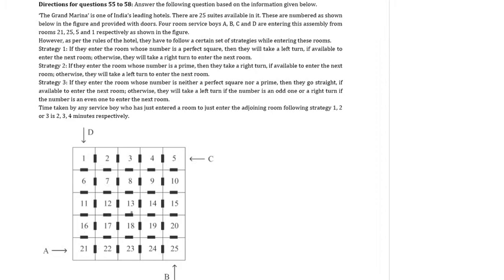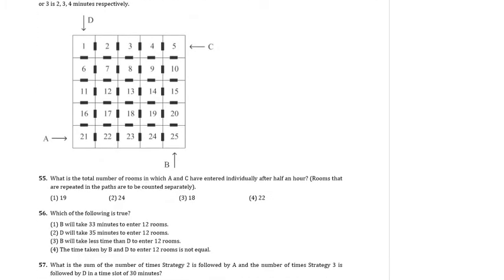So you will have to map the path of each boy in each case. So here when you see what is the total number of rooms in which A and C have entered individually after half an hour. So here rooms that are repeated have to be counted separately, and then you map the path of A for half an hour. So you know these values, you start mapping it down and you will get your answer.